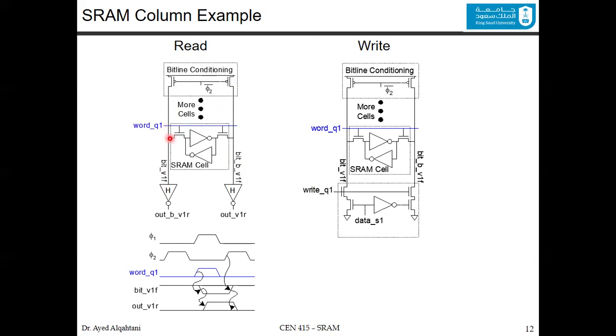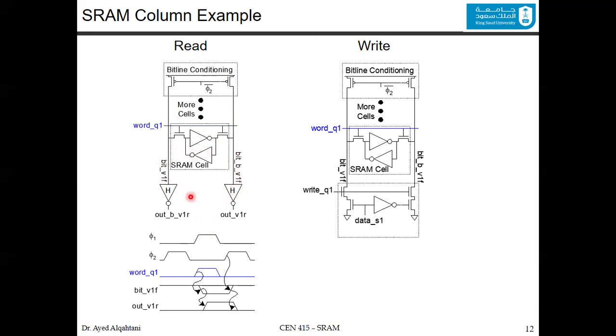That's the first step of the read because of the bit line conditioning. And then when phi1 is active, so in phi2, you pre-charge, you make them 1 and 1.